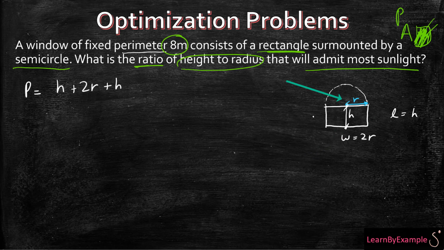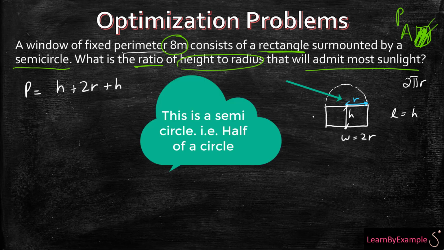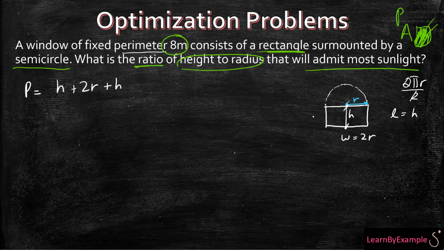And you know that the circumference of a circle is 2 pi r, but in this case it's only half, right? So the 2's cancel, so it's just pi r, so plus pi r. So in other words, we can rewrite this as 2h plus 2r plus pi r, right?